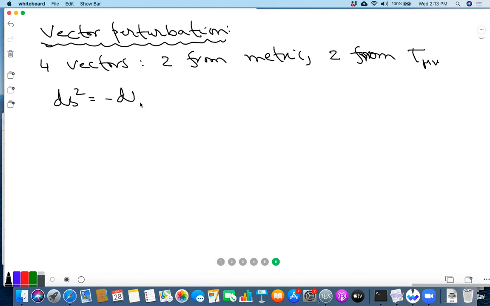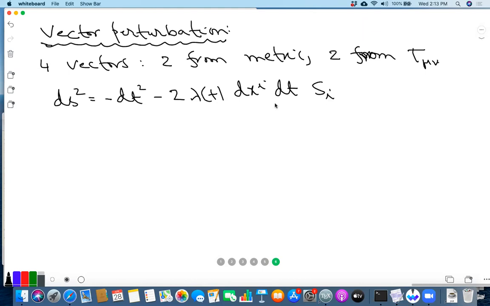I'll only write the vector part: dt square minus 2 lambda of t dxi dt times si. Remember we had written plus 2 lambda dxi dt times bi, but then bi will decompose into minus del i b minus si. So that's where the si entered.